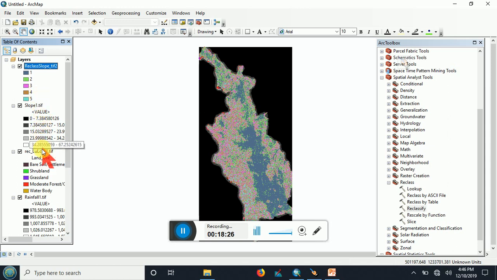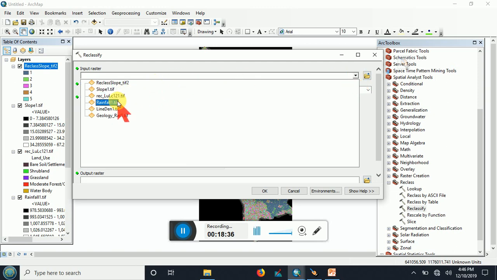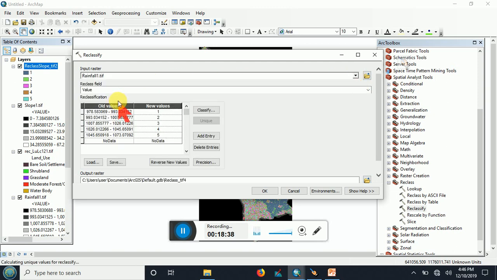Do the same again for rainfall. So open reclassify, and please open the rainfall thematic layer. Again, you can see that the new values are from 1 to 5, and 5 means higher rainfall values, and 1 means lower rainfall values.